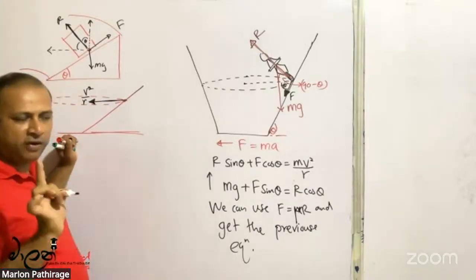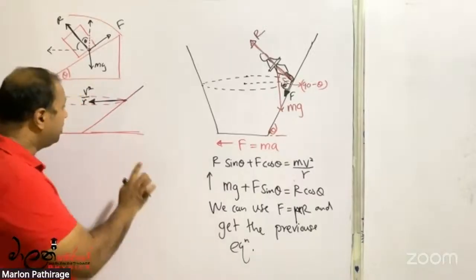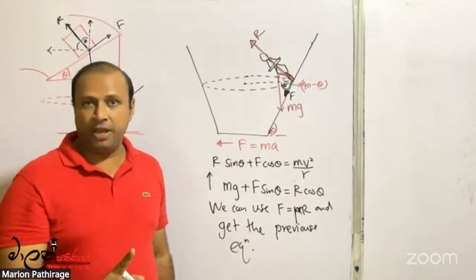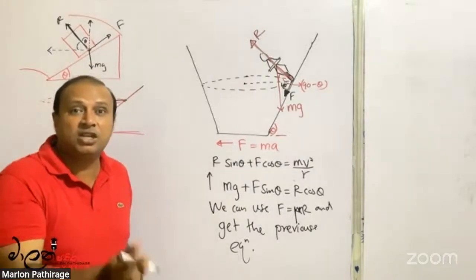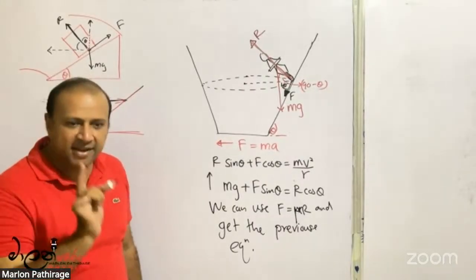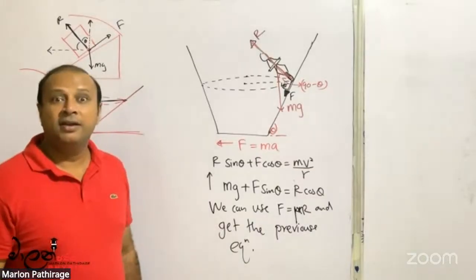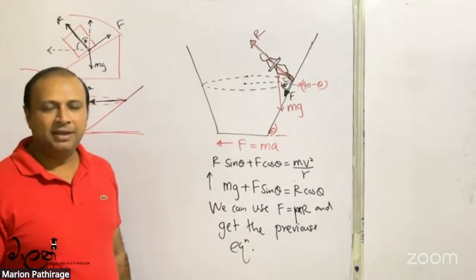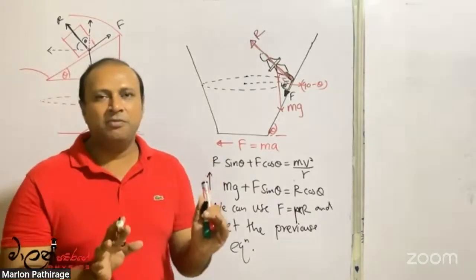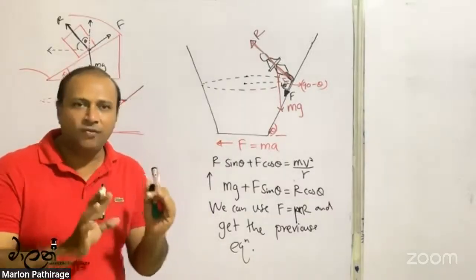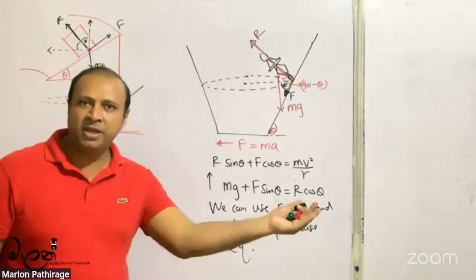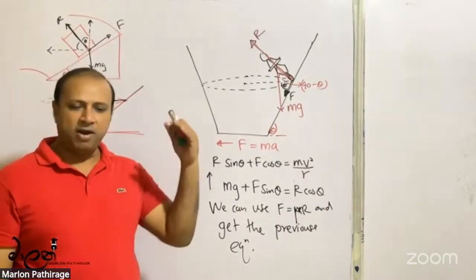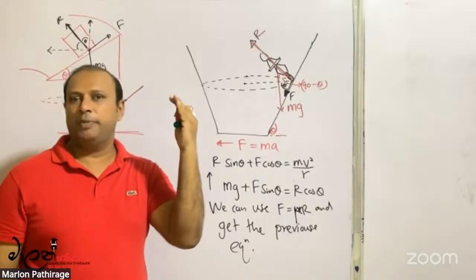Therefore, when you are determining horizontal circular motion and applying F equal MA in an inclined direction to the horizontal, then definitely there will be a component of centripetal acceleration. Until now we have applied F equal MA into only two directions: one into the direction of the center, the other perpendicular to the center.